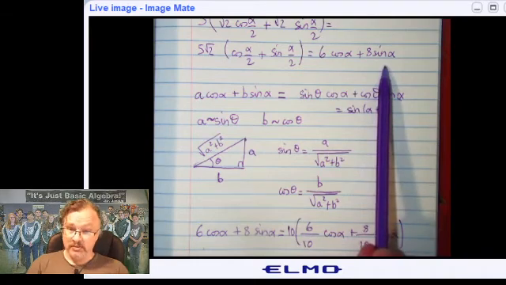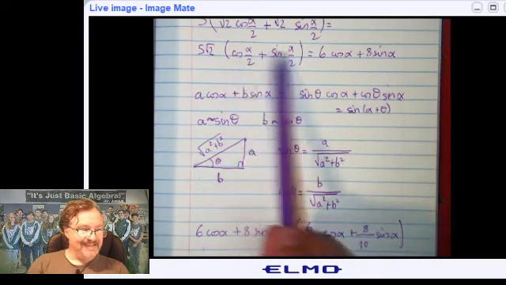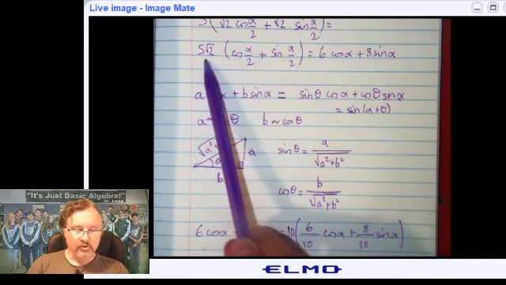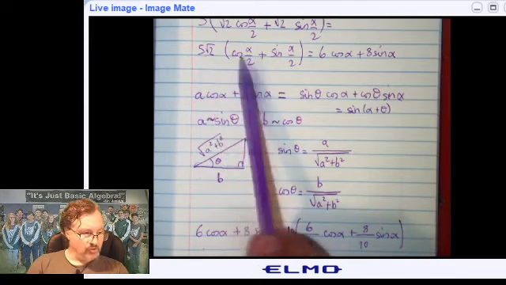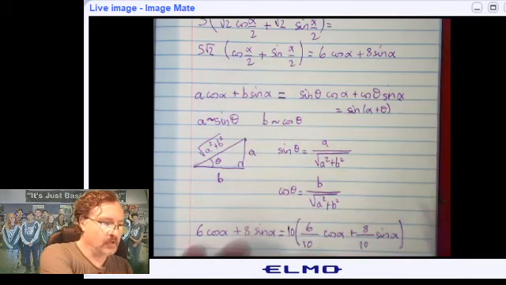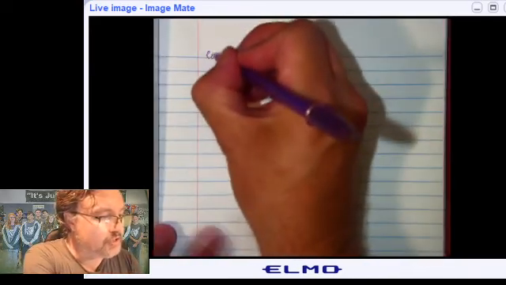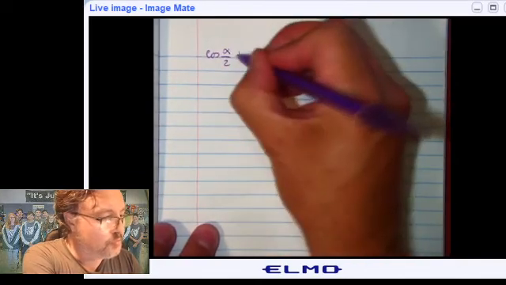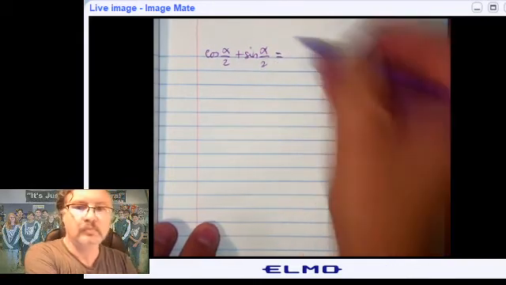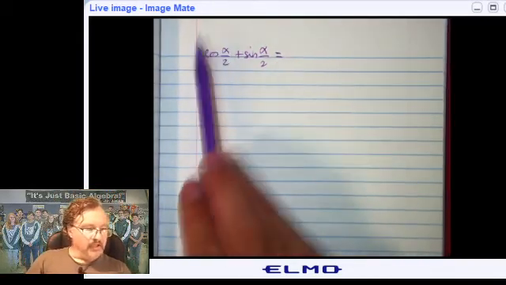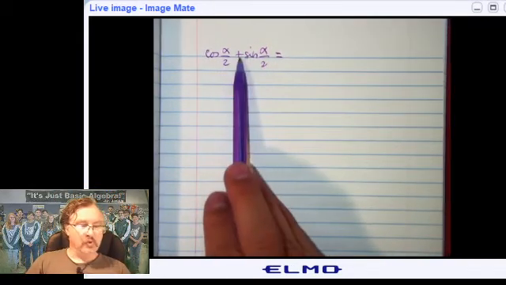I'm going to do this again with the left side. I'm going to leave the 5 root 2 out for the time being and just concentrate on this. So we're going to have cosine of alpha over 2 plus sine of alpha over 2. The coefficient A is 1, the coefficient B is 1.